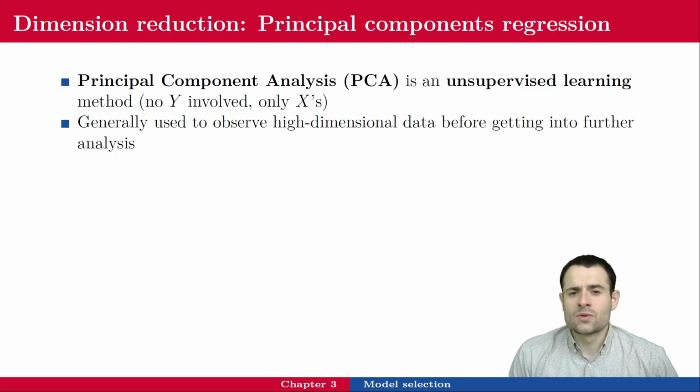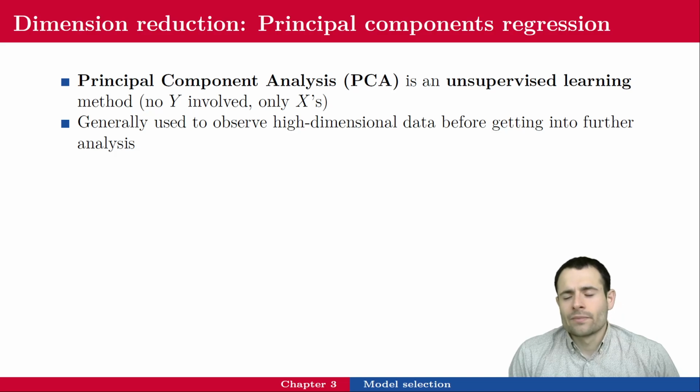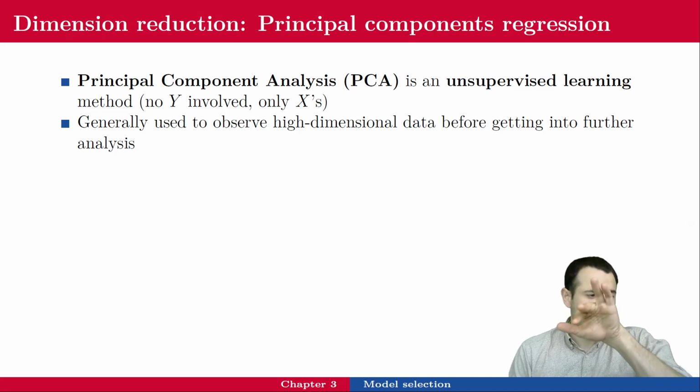So it is usually used as an exploratory tool, something you use as soon as you get the data, before starting any sort of regression. When you get your data, you observe some basic statistics: the mean, the variance, the standard deviation, the highest value, the minimum, the maximum, the quantiles, and so on. You might want to plot the distribution of your variables as well.